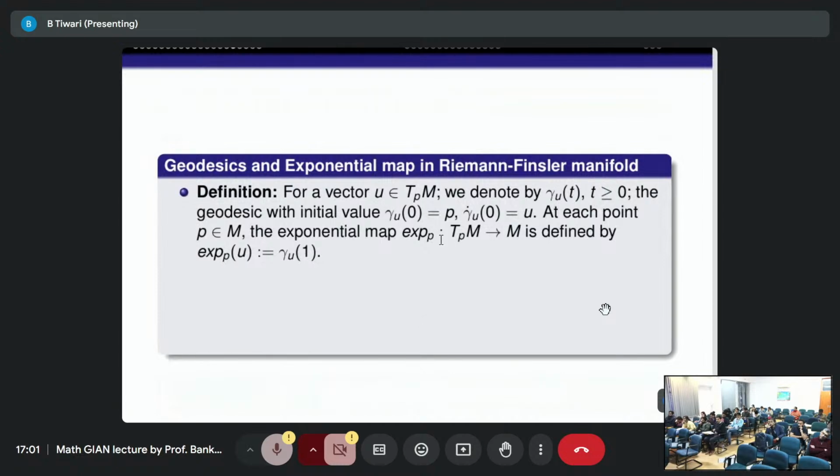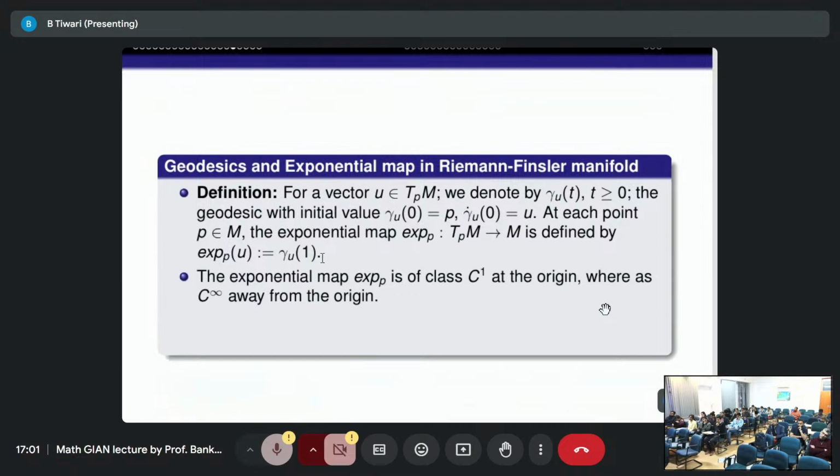And therefore you can talk about the exponential map. Given an initial vector u in a tangent space, let gamma_u(t) be a geodesic with this initial point and initial velocity; then the exponential map is defined exactly as you know in the Riemannian setup.